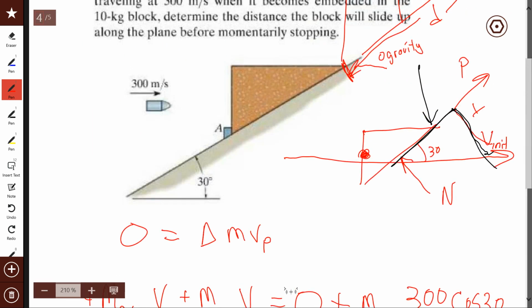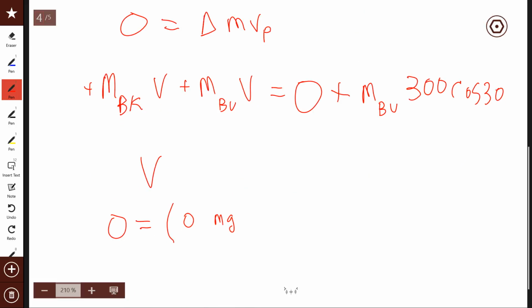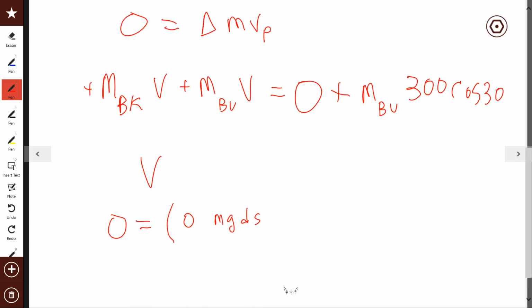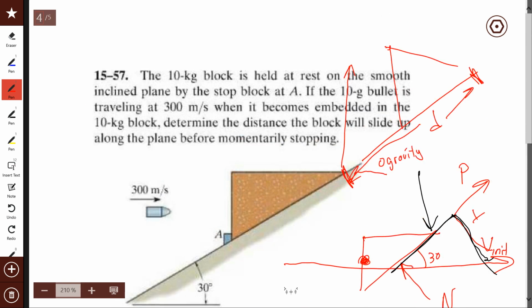What's the h? D sine 30. Right? D sine 30. Is it a positive energy or a negative energy? How do you know it's positive? He's above the zero. That's why. He's above the zero. He's positive.